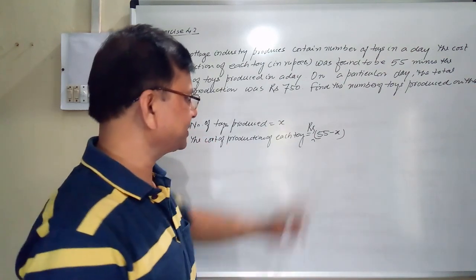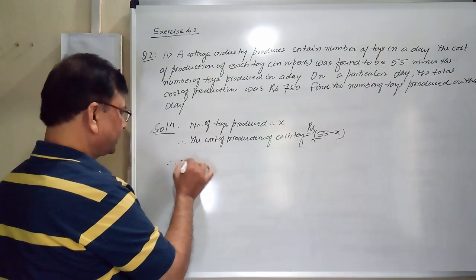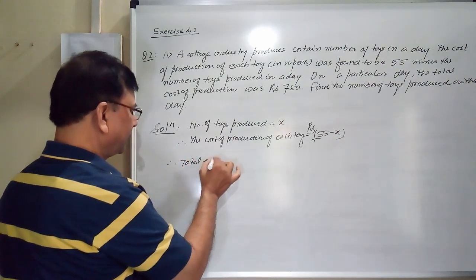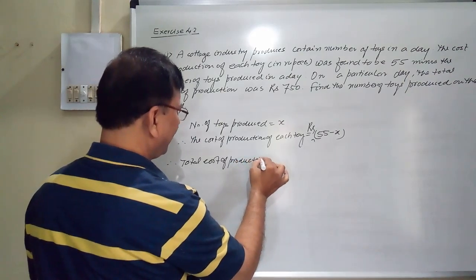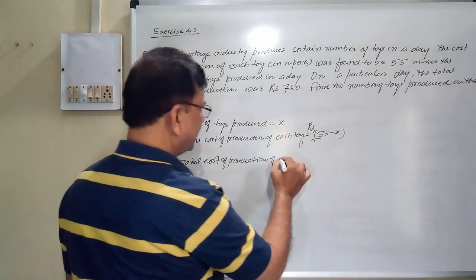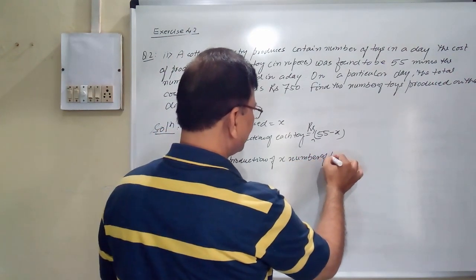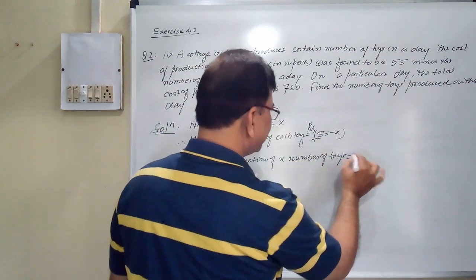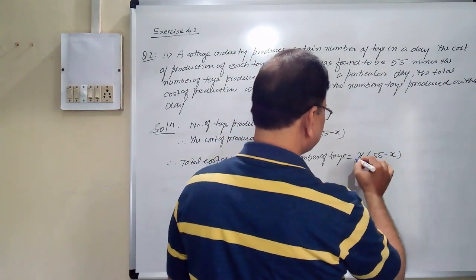So 55 minus x is the cost of one toy produced, right? Cost of production is this much. Therefore, total cost of production of x number of toys is equal to x into 55 minus x rupees.